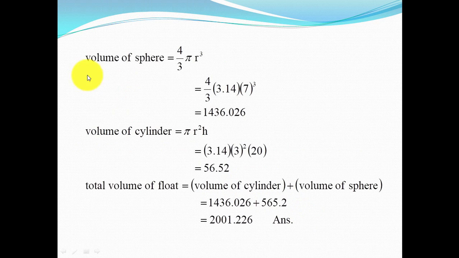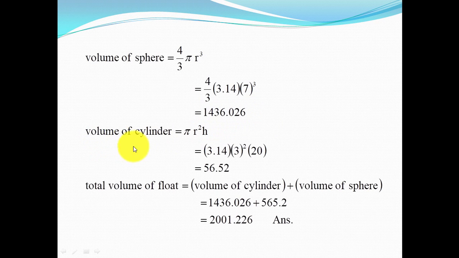Next we have to find the volume of the floor. It means the volume of the sphere plus the volume of the cylinder. The volume of the sphere formula is here. Pi is a fixed quantity whose value is 3.14, and r is the radius of the sphere, which is 7. Put 7, and after multiplication the answer is this.